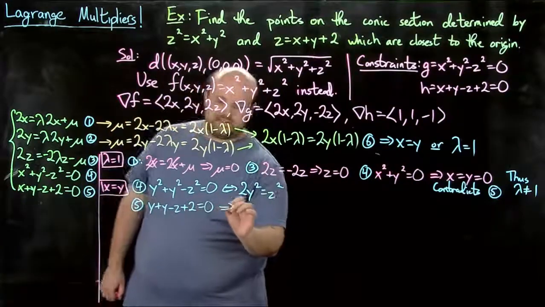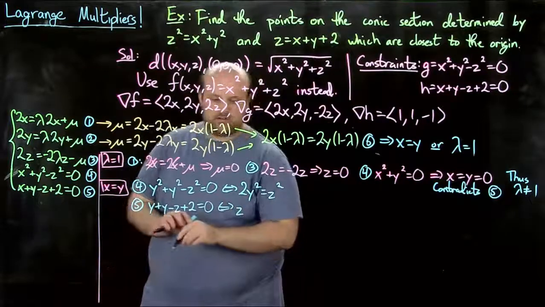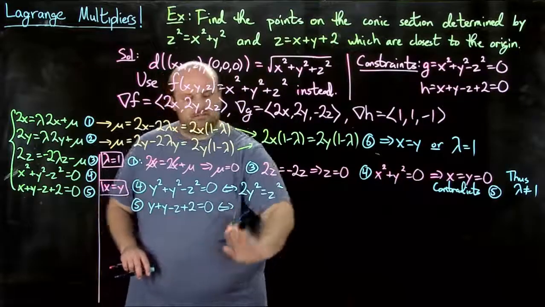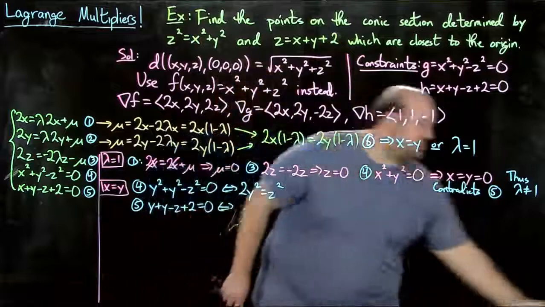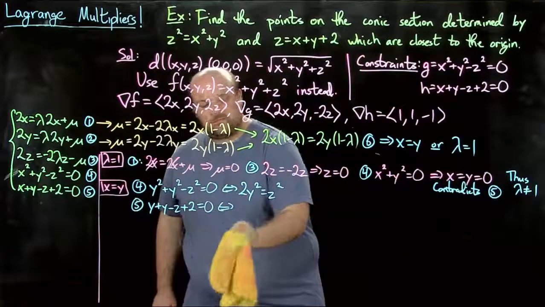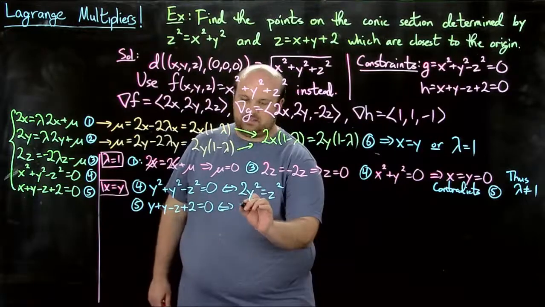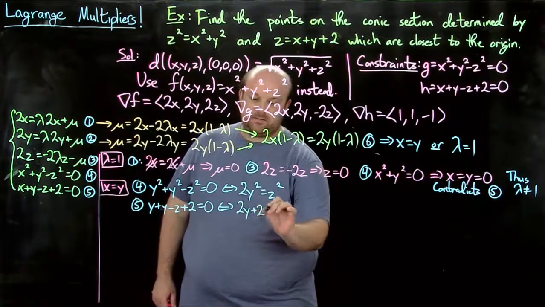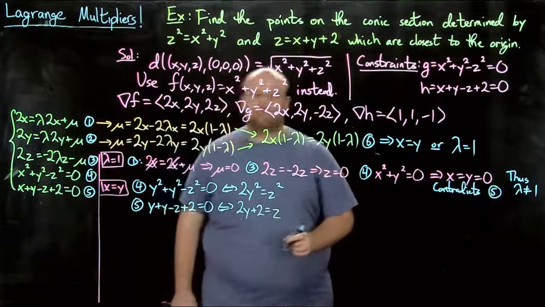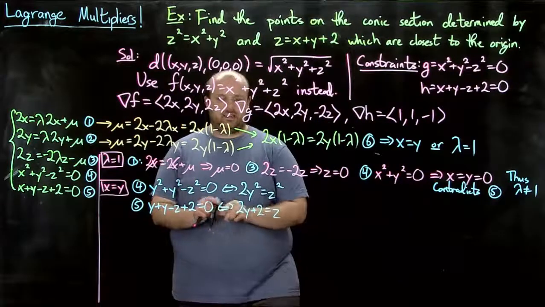That's the same as saying, let's do it the other way. This means that 2y plus 2 is z. So what do we do with that?